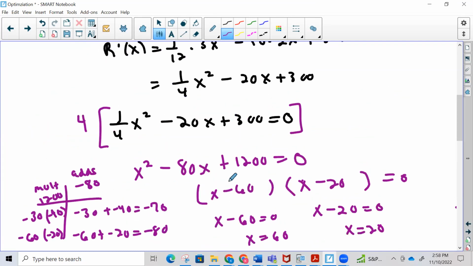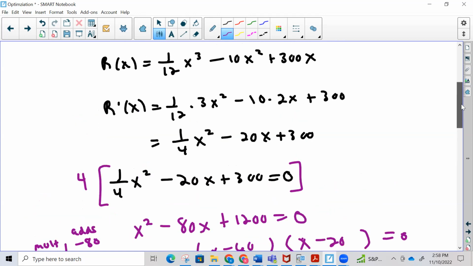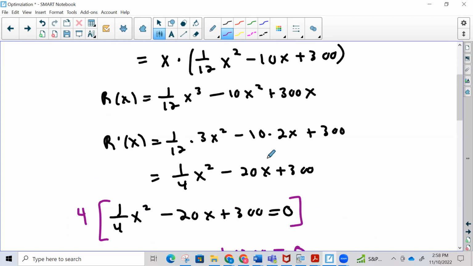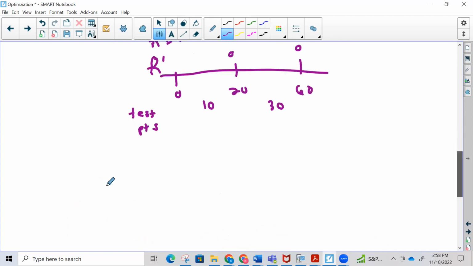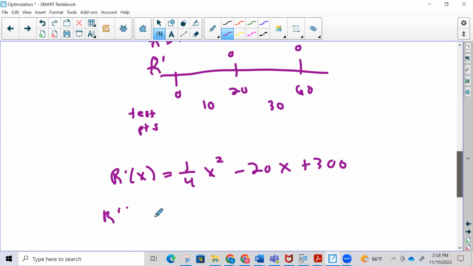That was what we were doing to solve our equation. That is not the equation for R prime. So we need to plug it into this one here. So we're going to plug our test points into our derivative. I'm going to plug 10 into this and 30 into this and then simplify.